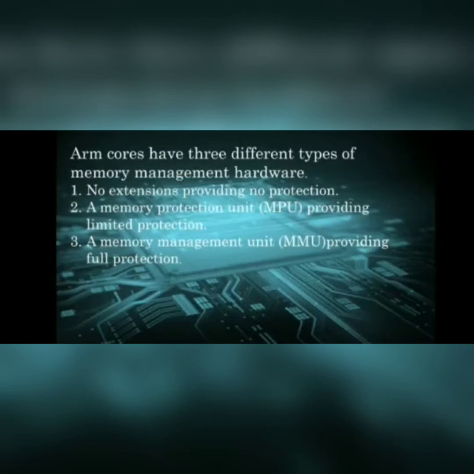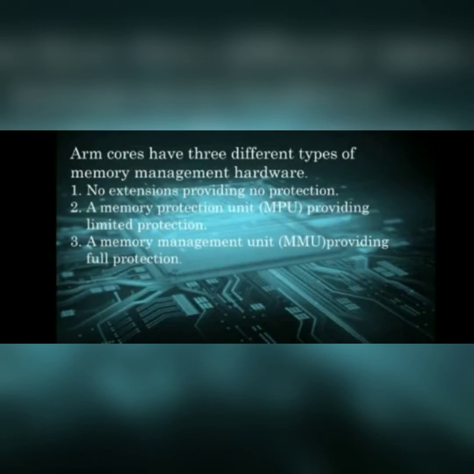Basically, we can have three types of hardware core extensions in order to protect the memory depending on our data. If the data is very much confidential, then we can go for the memory management unit providing full protection.